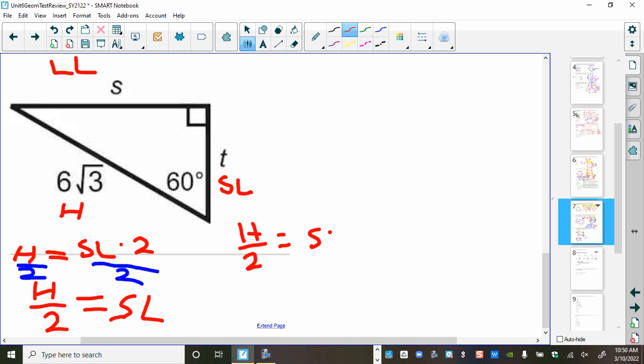Well, what is our hypotenuse? What number is the hypotenuse? So we just divide 6 square root of 3 divided by 2, and you're going to get your short leg that way. That's the quickest way to get to the short leg. So then what two numbers are we going to divide?